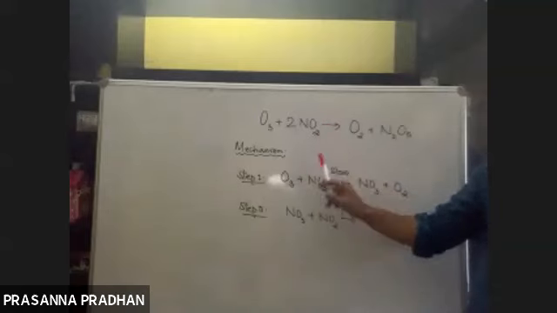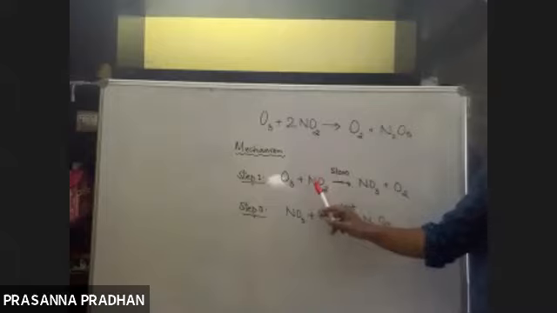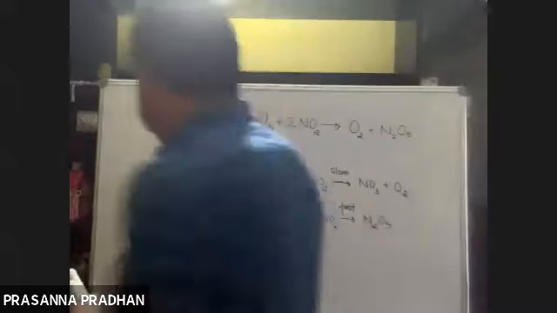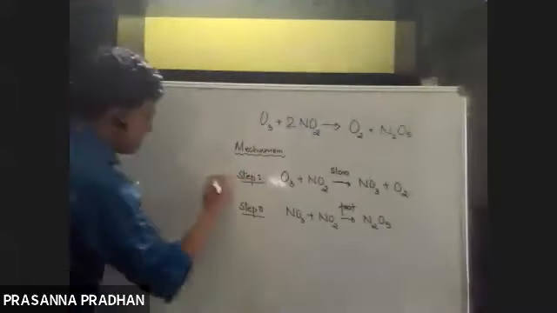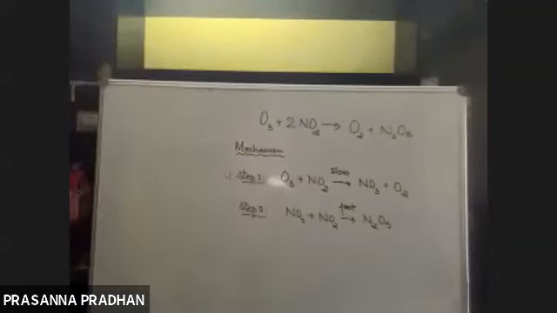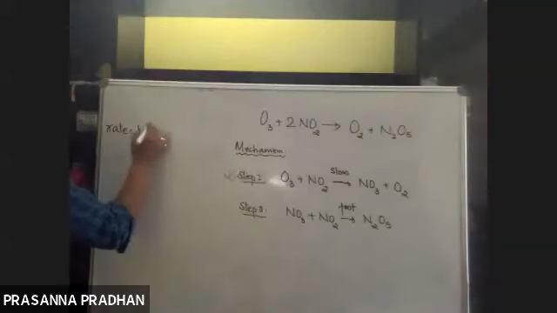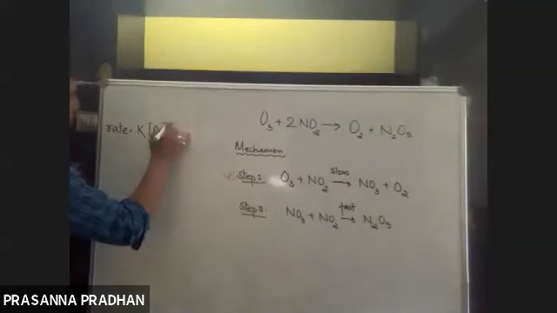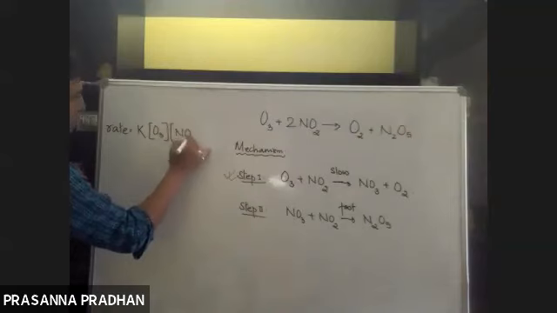So this is the slowest step, and we must write down the rate expression from the slowest step. Rate expression we will write from here. So the rate will be equal to what? What are the reactants involved? Ozone. And what is the other reactant? NO2.